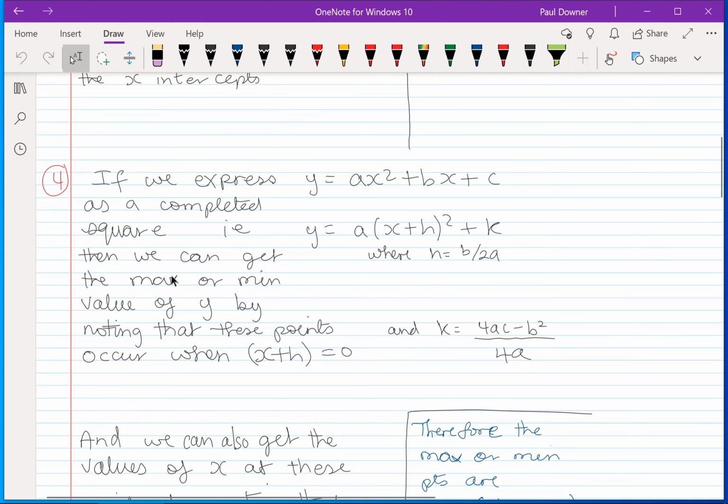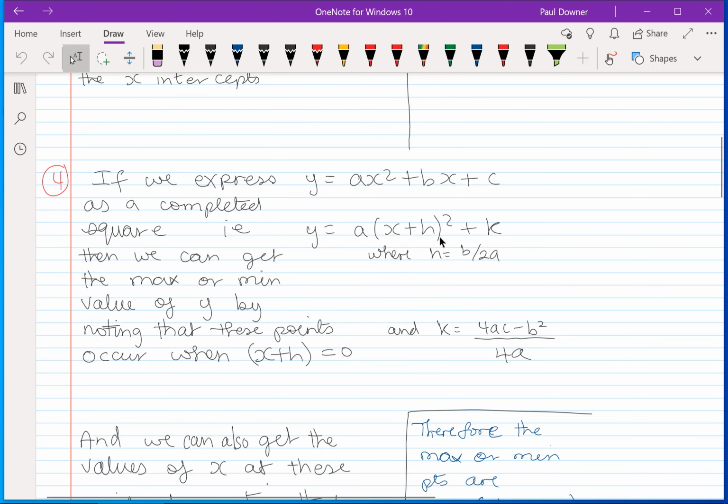And we could get the maximum or minimum value of y from this format. How do we get the maximum or minimum value of y? Well, we know that the maximum or minimum value of y occurs when x plus h is equal to 0. That's this part here is equal to 0. Then you could get the maximum or minimum value of the function.